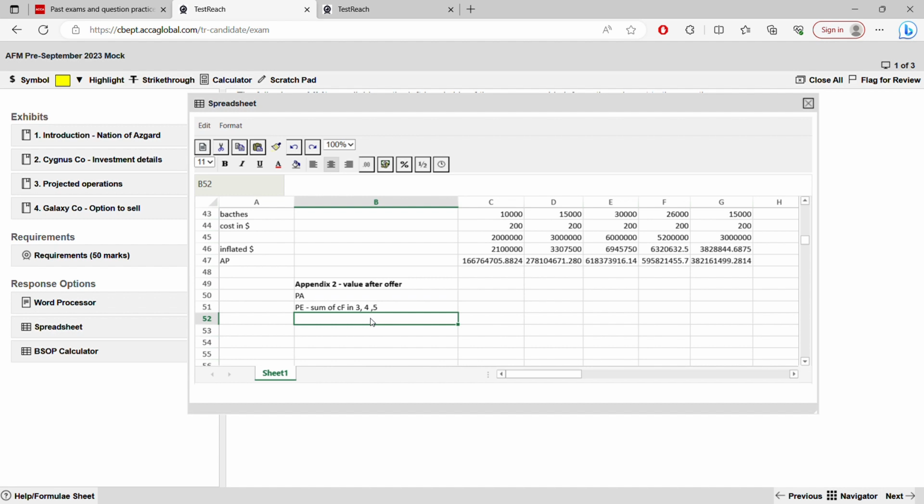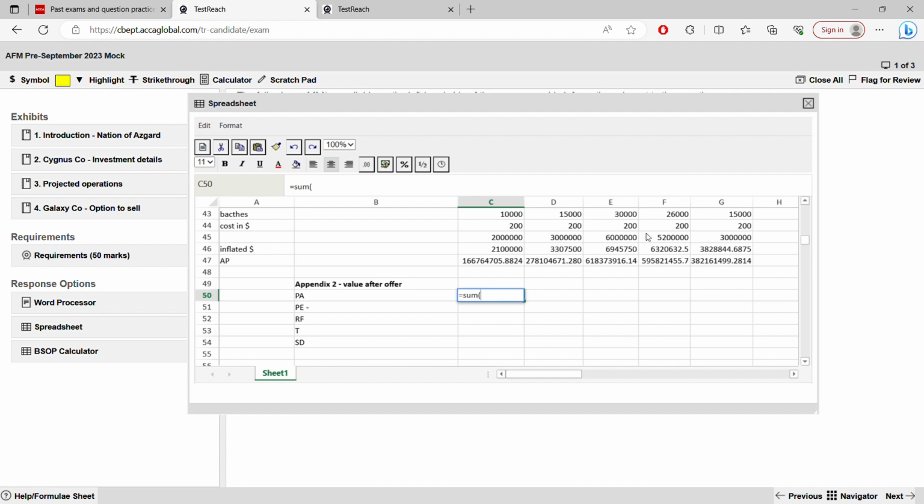Then what's next? Risk free, time, standard deviation. What's your present value of underlying asset? I'm sorry, PE is not the sum of this. This is PA. PE will be given to you, the price that is offered. So here it is the sum of 3, 4 and 5.